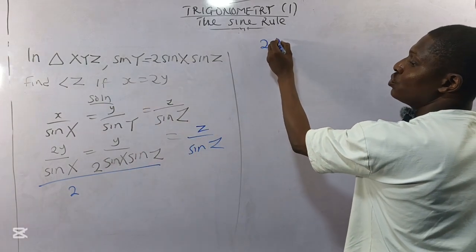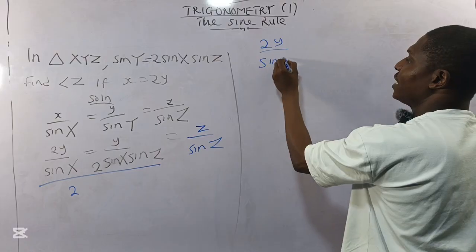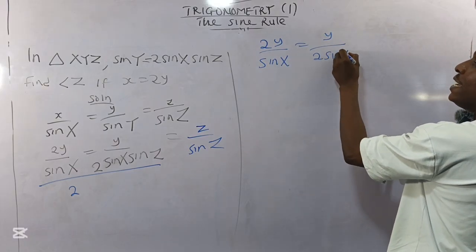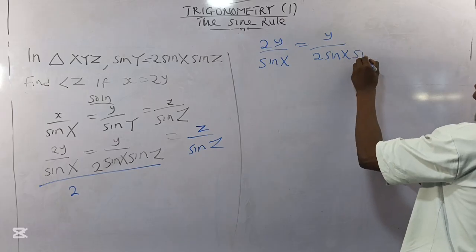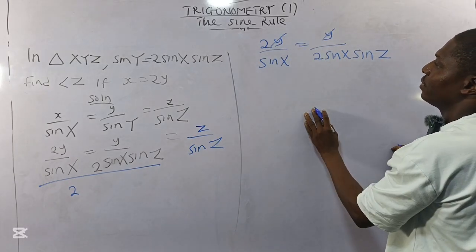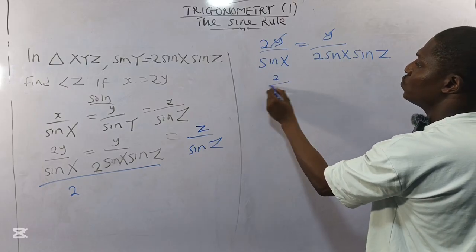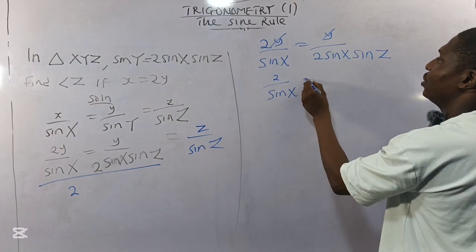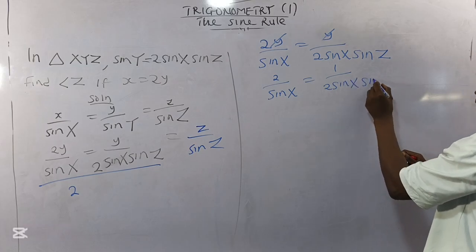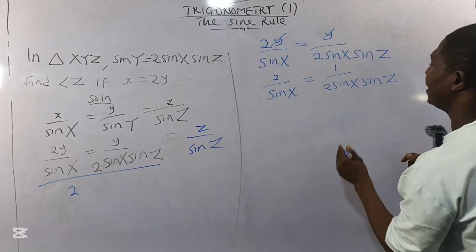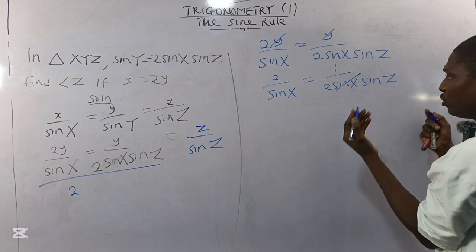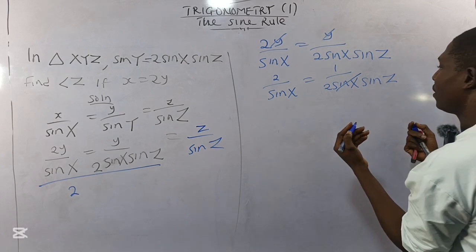I'll have 2y all over sine x equals y all over 2 sine x sine z. So you see, y can cancel y, and I'll have 2 all over sine x equal to 1 all over 2 sine x sine z. Again, this is 2 times sine x times sine z, so multiplication, cancellation can occur.